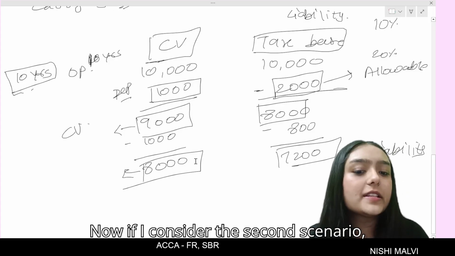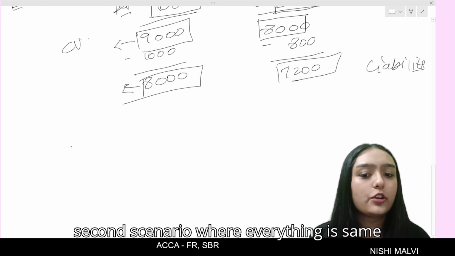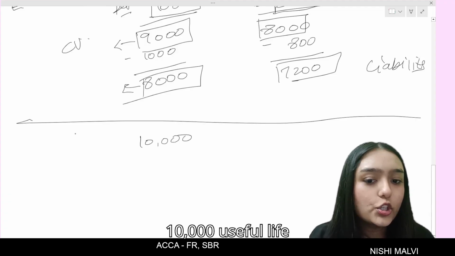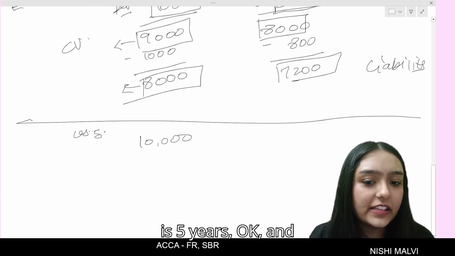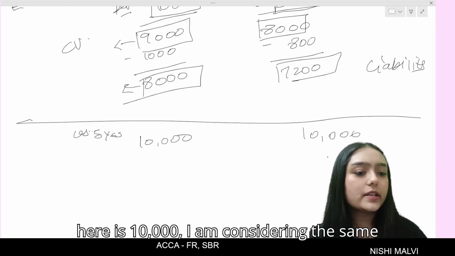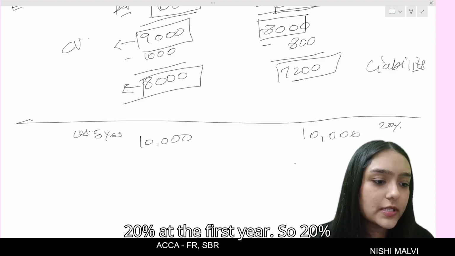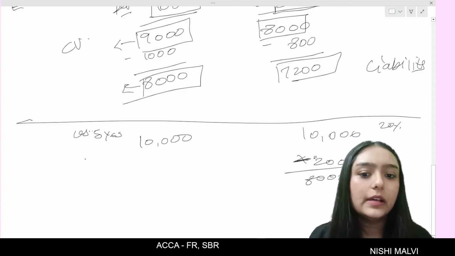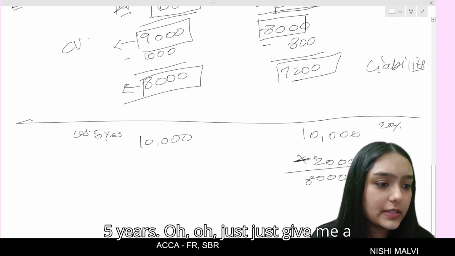Now if I consider the second scenario where everything is same, 10,000, useful life is 5 years. Okay, and here's 10,000. I'm considering the same 20% at the first year. So 20% is gonna be 2,000, 8,000. 5 years. Oh, just give me a second.